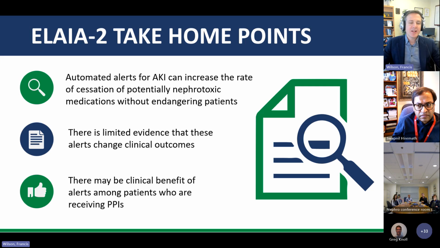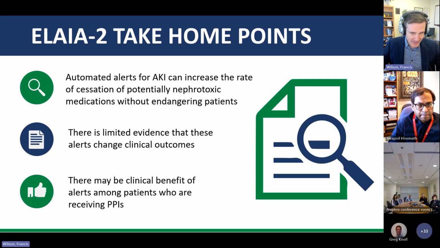So our take-home points here, we know that alerts can increase the rate of cessation of potentially nephrotoxic medications without endangering patients, but limited evidence that these alerts change clinical outcomes. Maybe there's something among our PPI users. So seeing these kind of modest effects led us to start being concerned about what's often referred to as alert fatigue, right?